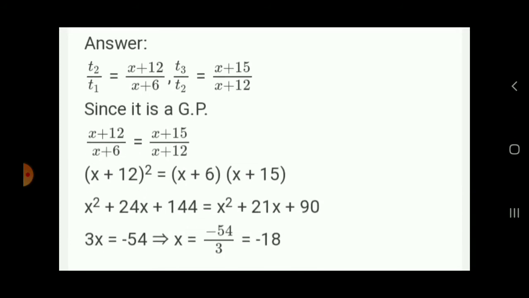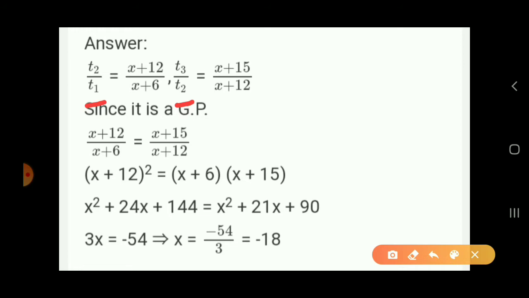Because this is a geometric sequence, the common ratios are equal. So first you can find T2 by T1, which is x plus 12 by x plus 6, and also T3 by T2, which is x plus 15 by x plus 12.